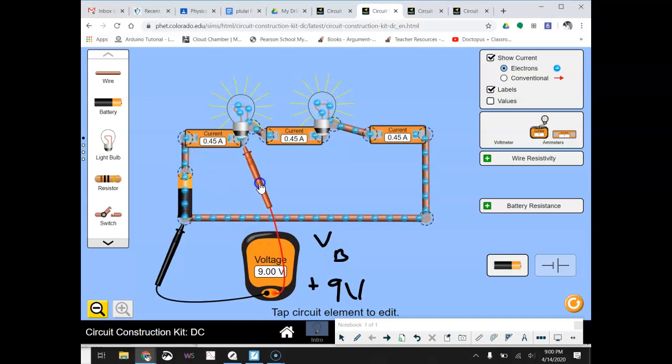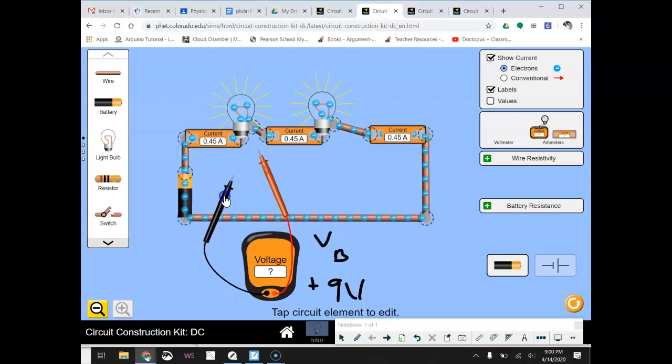When I get over to the other side, it should end up being different because, like we've said, the light bulbs use energy, so these use voltage, they take energy away from the charges. If I go and use the second way we can use a voltage probe, we mentioned this at the end of the previous part of the video, if I put this probe here and this probe on the other side, well now this is 0, this is what I'm comparing it to, so if I put this on the other side of the bulb, it will tell us what electric potential or voltage this light bulb uses.